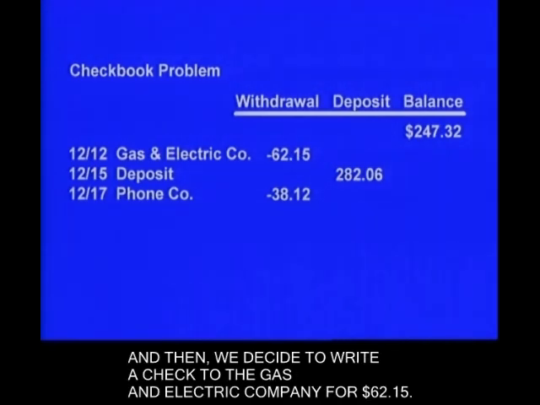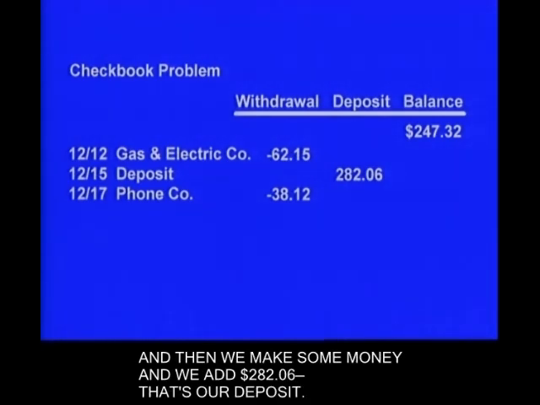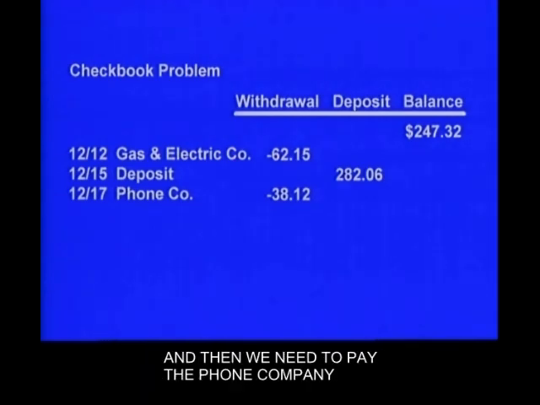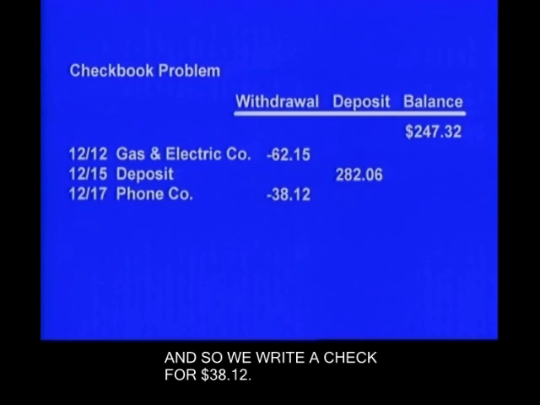And then we decide to write a check to the gas and electric company for $62.15. And then we make some money and we add $282.06. That's our deposit. And then we need to pay the phone company. And so we write a check for $38.12.